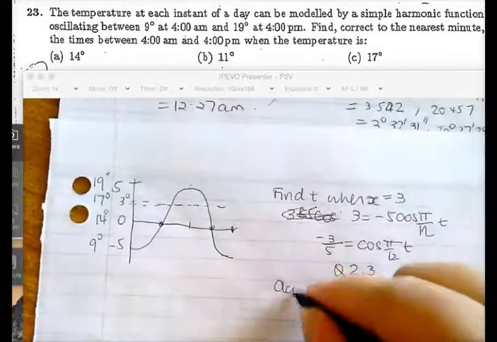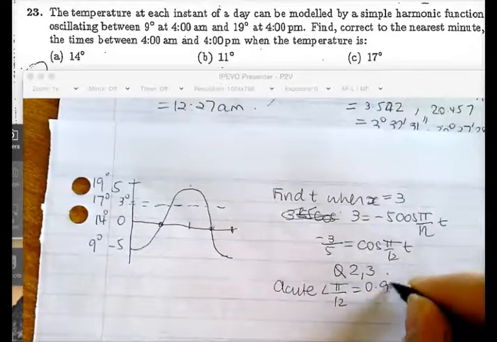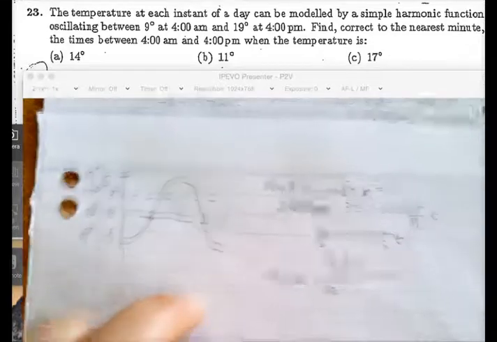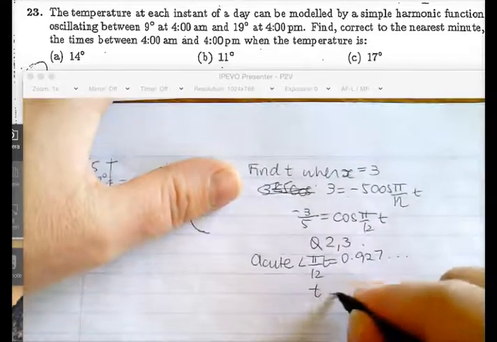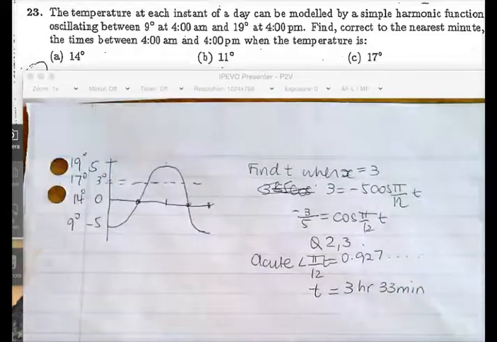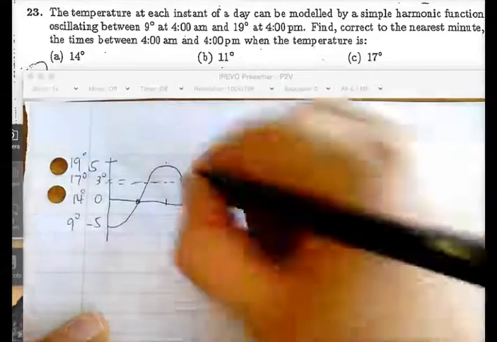We know the acute angle already. Acute angle is that 0.927 business. Do you remember? And we worked out that T, we already worked it out, was 3 hours, 33 minutes from the other part. You don't have to do it all again, all right? Do you remember?